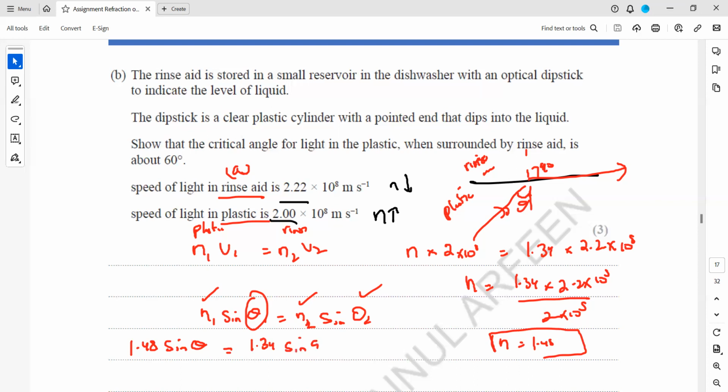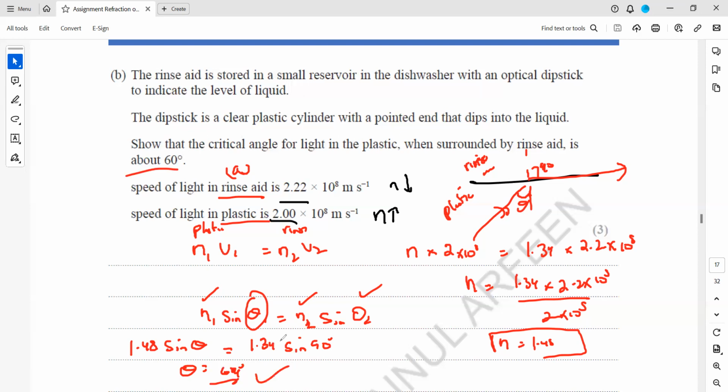And what is the angle of refraction? 90. So when we simplify sine theta, we get theta is 64, about 64 degrees. We have to show it is about 60, so it is closer to 60 and that is correct.